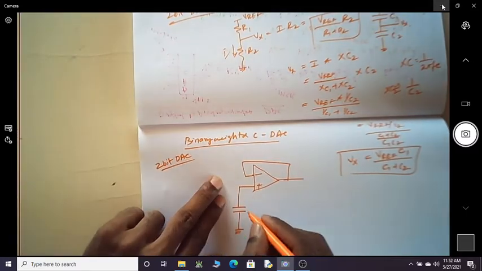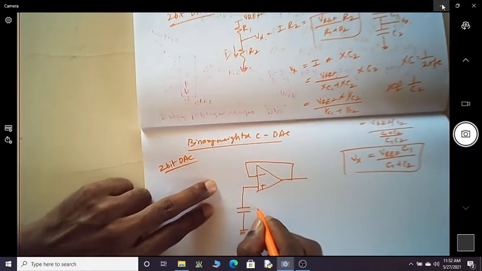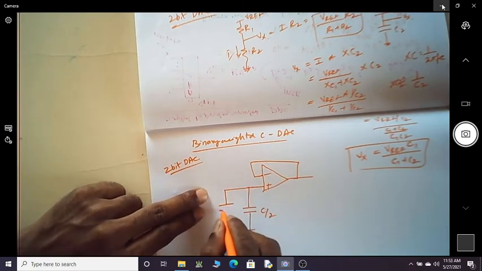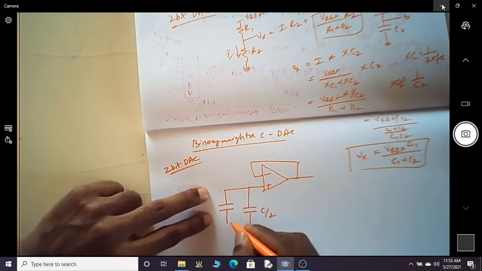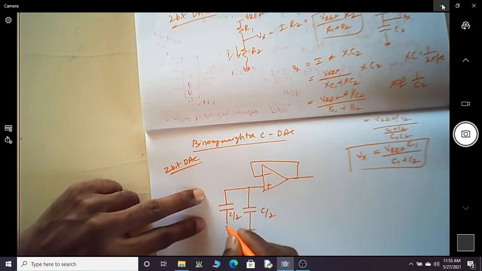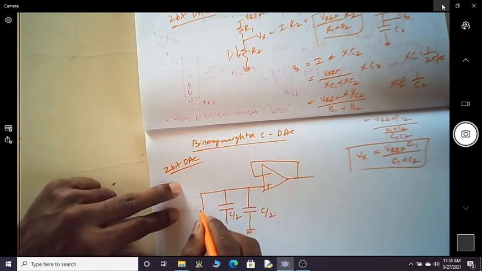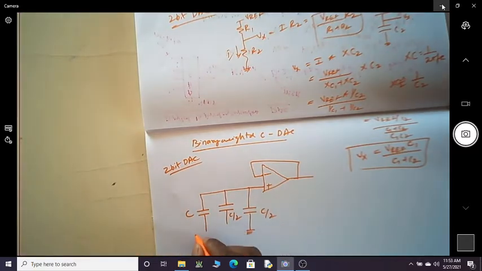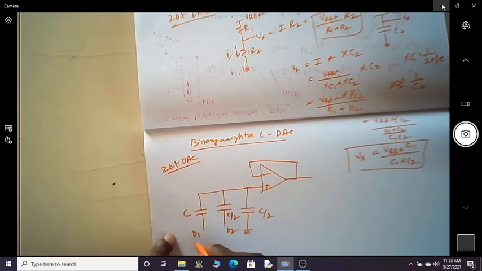So let me have it as C by 2, and one more capacitor which is again C by 2, and I'll have one more capacitor of value C. Let me consider this as MSB, this as the LSB here.